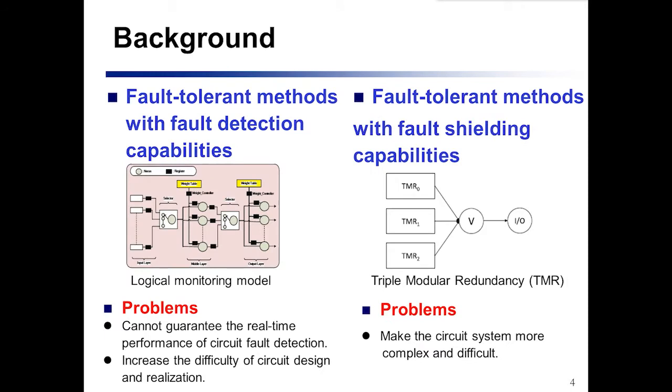The fault tolerance method with fault detection capabilities achieves troubleshooting by adding additional fault detection resources to the system design, such as taking a deep learning algorithm as a fault detection model to monitor running data.